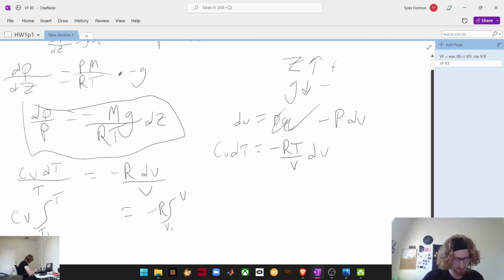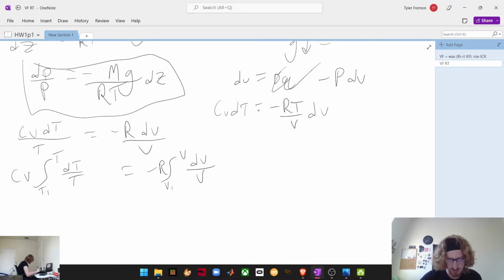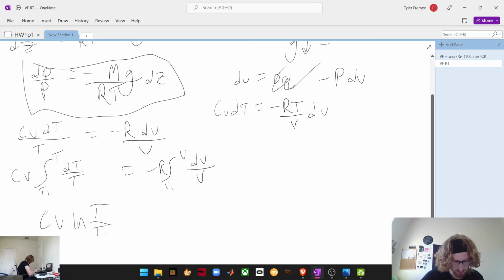So we'll have dT over T and dV over V. Then after integrating, we'll have Cv ln of T over T1 on one side, and on the other side equals negative R ln V over V1.